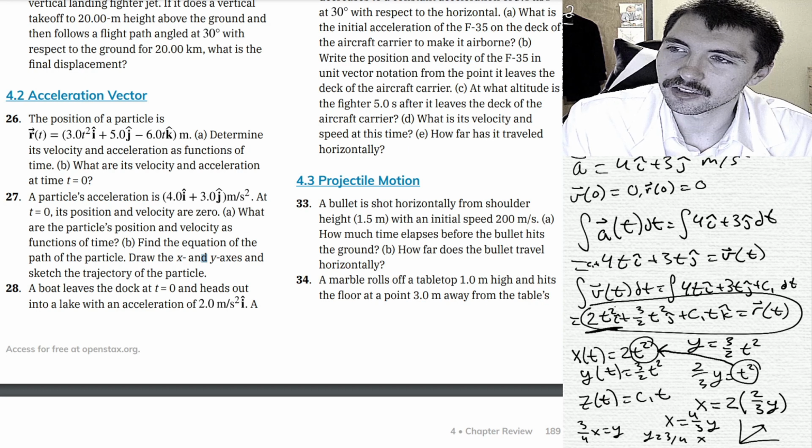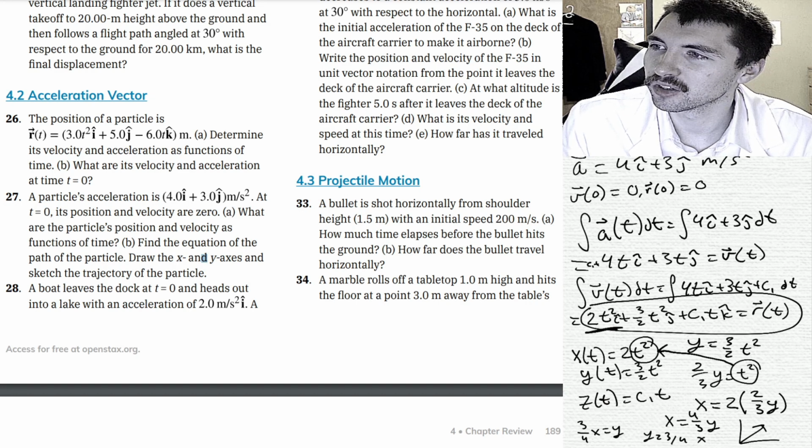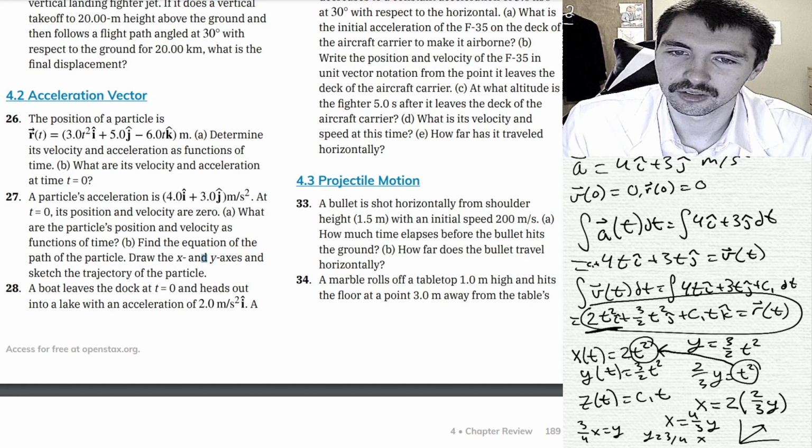So what could we learn from this? From the position function r, we can extract our x and y. And if they're wanting an xy graph, and these are written in t's, we can swap the variables to get it.